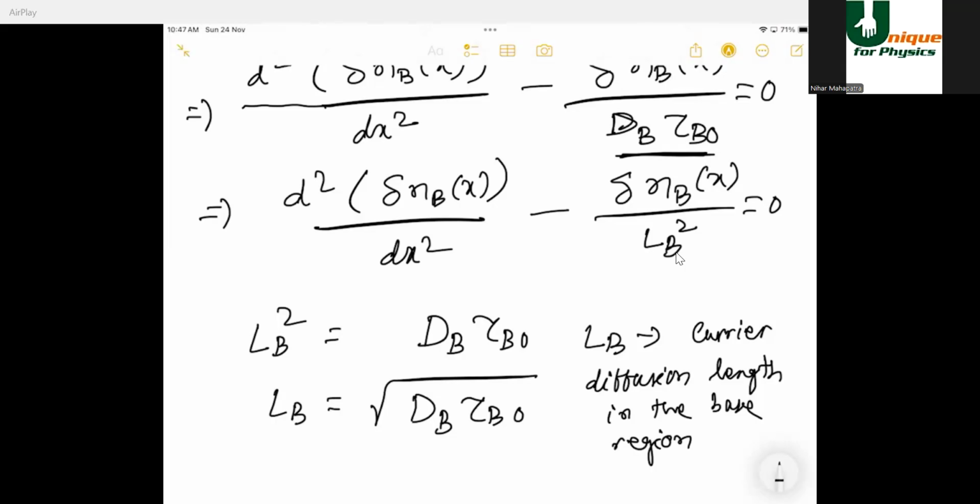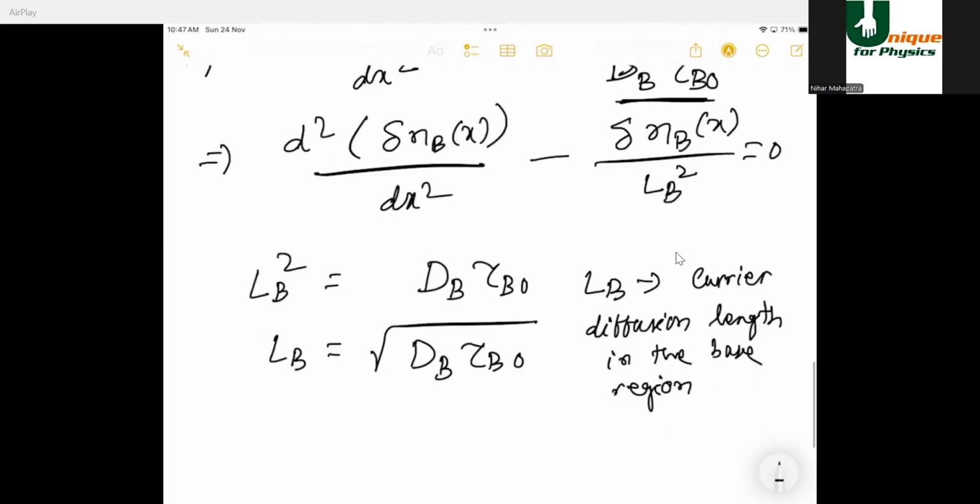For example, the excess minority carrier is electron here. How this electron concentration will enter or exist in the base region can be determined by the diffusion coefficient multiplied with tau b0, which is the lifetime of these minority carriers in the base region. Multiplication of this gives us LB square. Taking the square root gives us the carrier diffusion length in the base region.